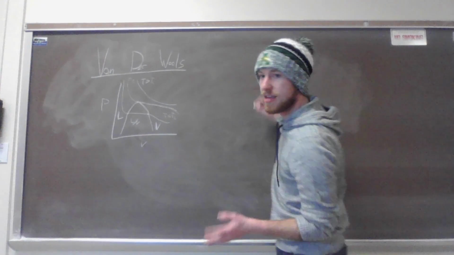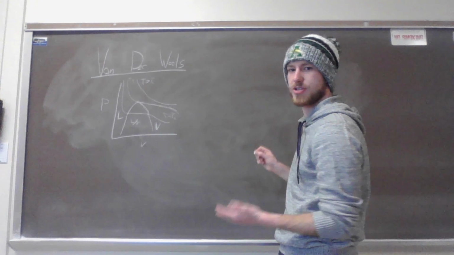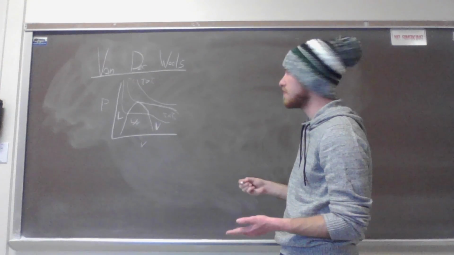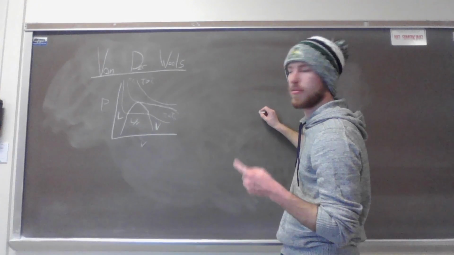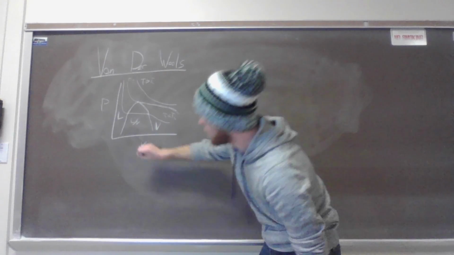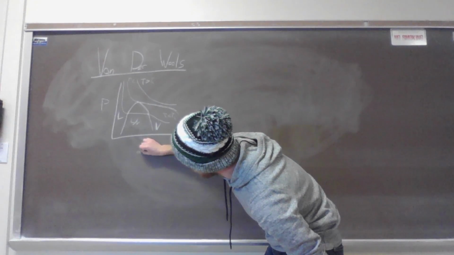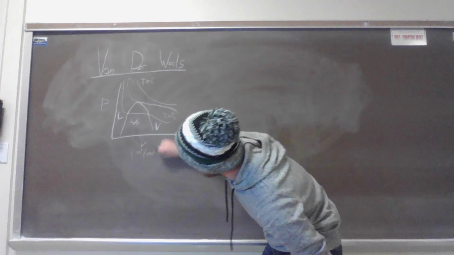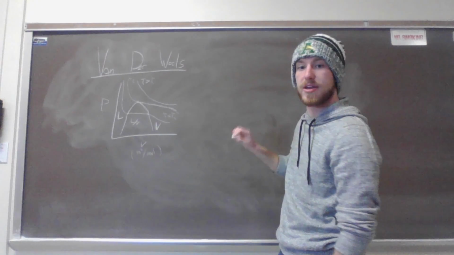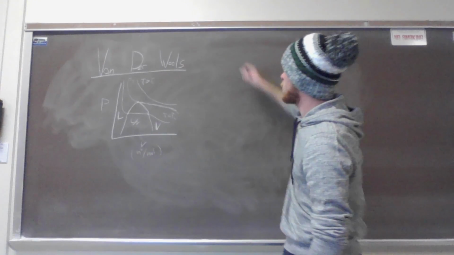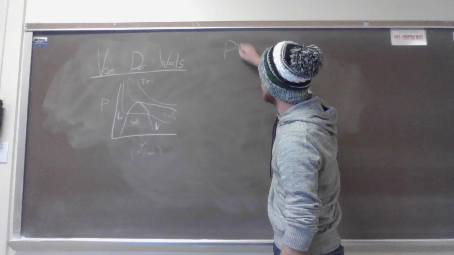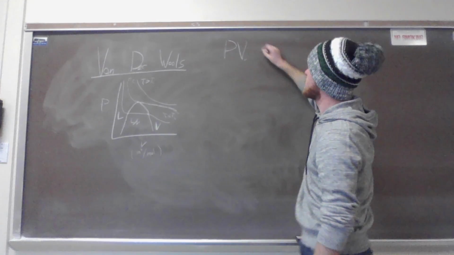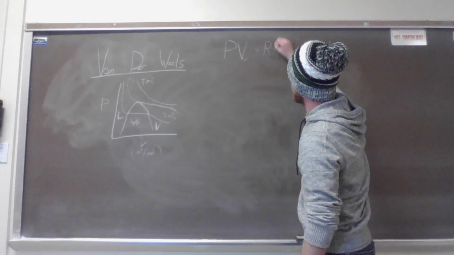Now, we know PV equals nRT, pressure times volume equals the moles of a substance times the gas constant times the temperature. However, we also have to remember that when we're talking about specific volume, which is, again, volume over the amount of substance, meters cubed per mole, there is no n in PV = nRT. So what we actually have is PV, now this is specific volume, so I'll just notate that with a VM, is equal to RT.